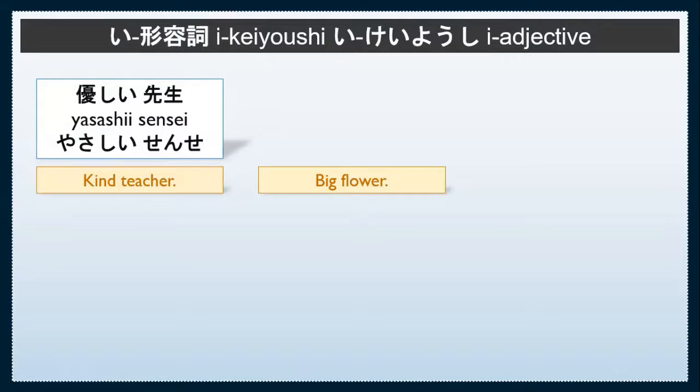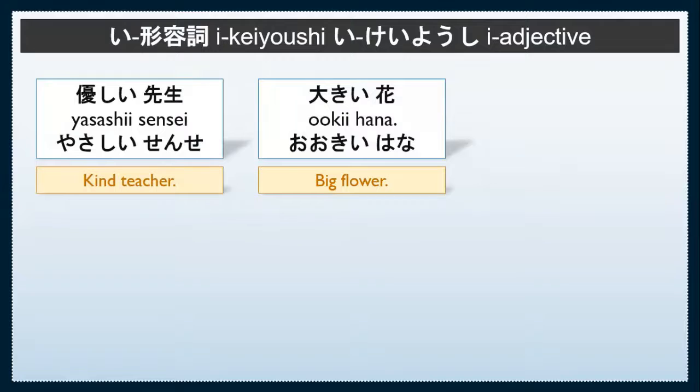Next is big flower. Big is oki and flower is hana. So it is 大きい花, oki hana. Again, the adjective ends with i.